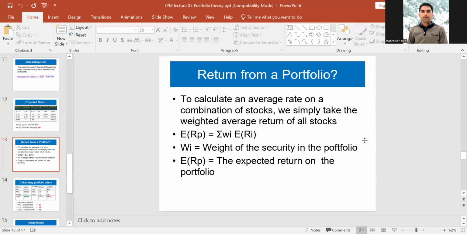In FFC, we have 12% with 50%, which will become 6%. In Lucky Cement, we have 10% with 16%, and it will equal 1.6%. So the portfolio return here is 12.55%.